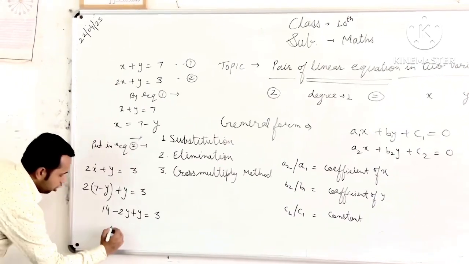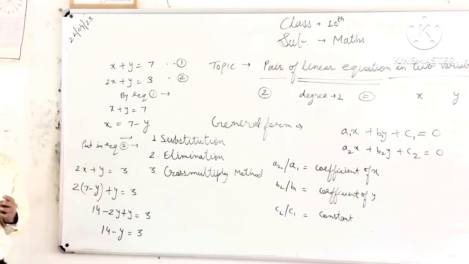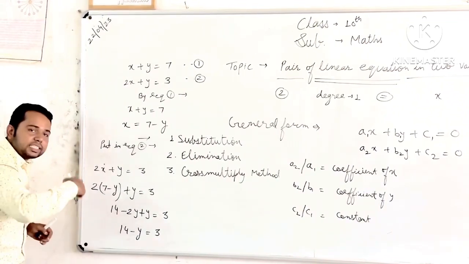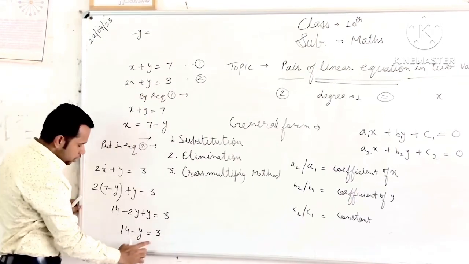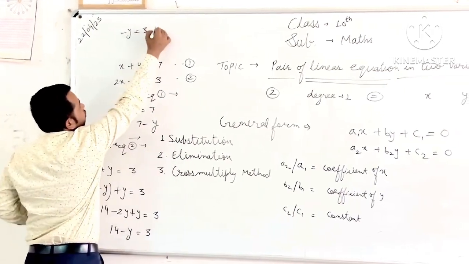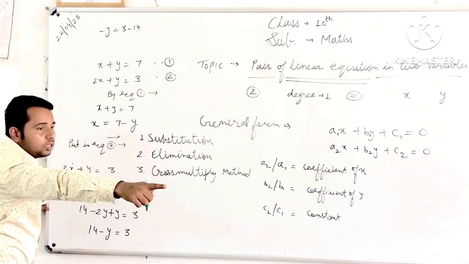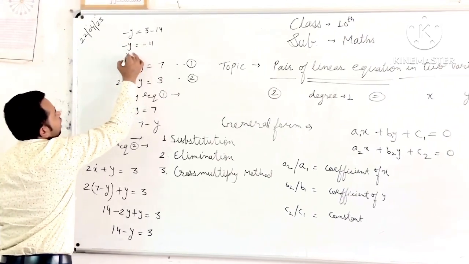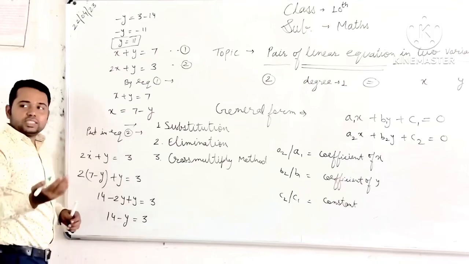Minus y. So 14 minus y equals 3. But we have to find the value of y, so 14 goes to that side. So minus y is equal to 3 minus 14, which is minus 11. So minus y is minus 11 and y equals 11. So one answer came.